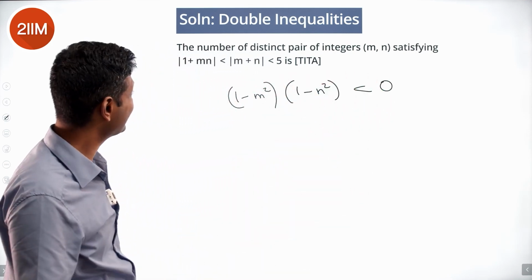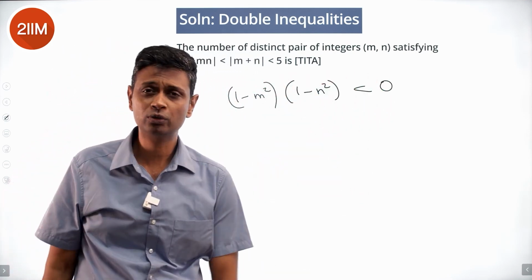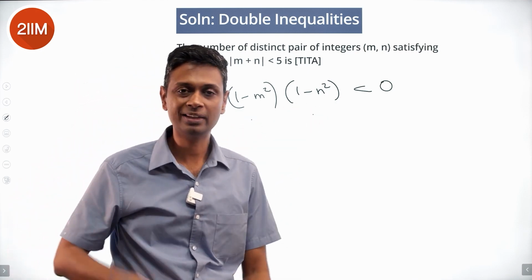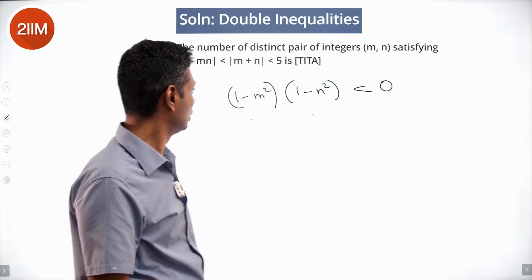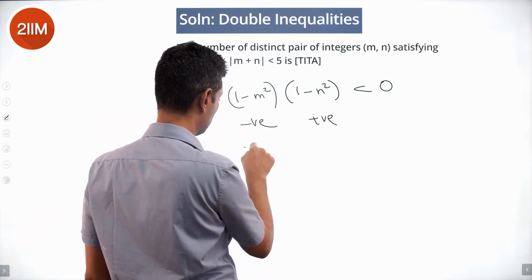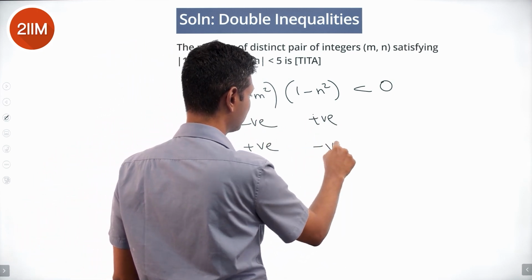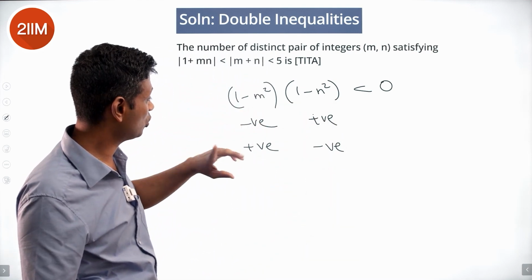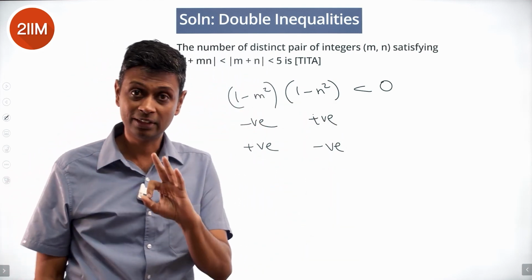Nice. We're looking at distinct pair of integers. Product of two numbers is less than 0. Either this is negative, this is positive, or the other way around. Right? So either this is negative and this is positive, or this is positive and this is negative. The beauty of this is 1 minus m square is negative. That is reasonable.